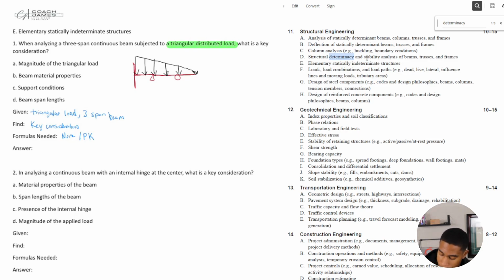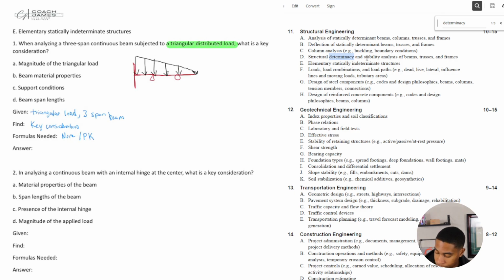It's in a triangle, basically, coming down along the beam. Okay, so when we're analyzing this, and we know that it has a triangular load, what would be a key consideration? Would it be the magnitude of the triangular load? So when you say magnitude, it means the amount of load.